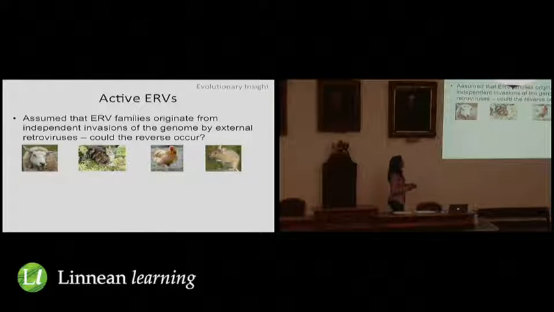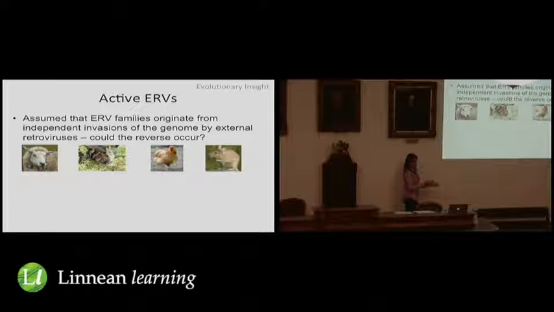Now, if we have viruses getting into the genome, and they're kind of similar to the ones that are not in the genome, the external ones, we also have to be concerned about the possibility of new viruses arising. In cats, for example, it has been documented that you can get recombinant viruses, which are a mixture of the ones that are in the genome and ones that are not in the genome.